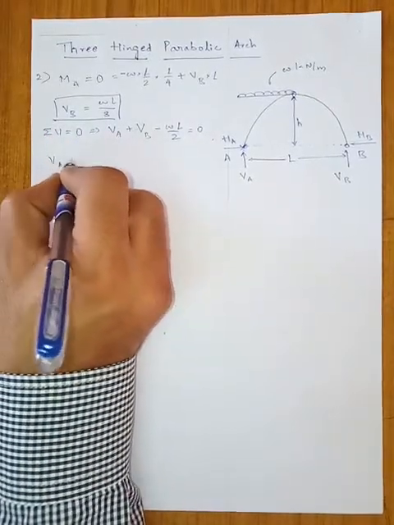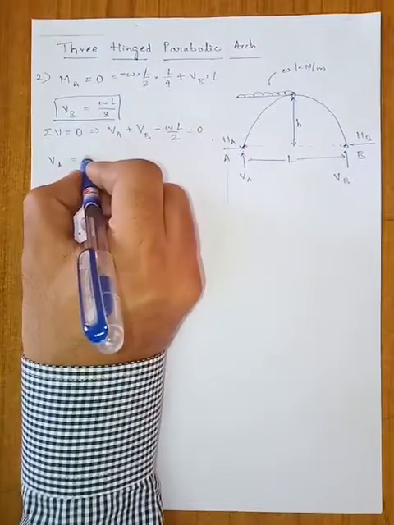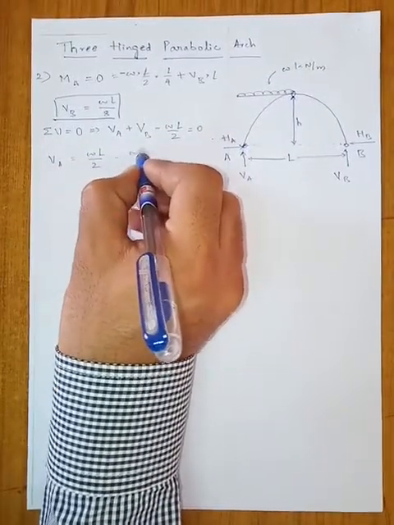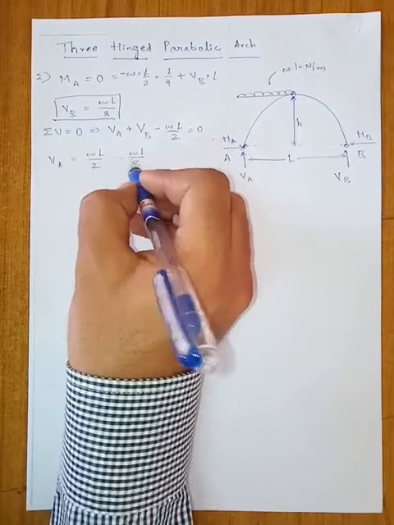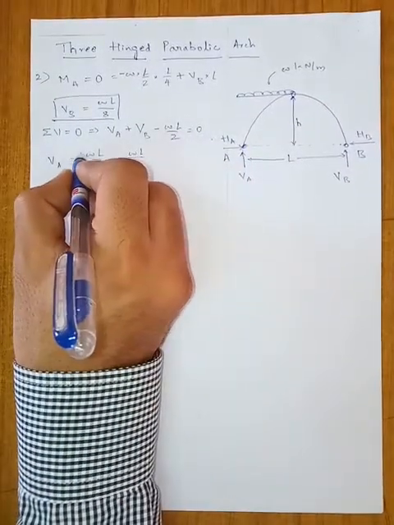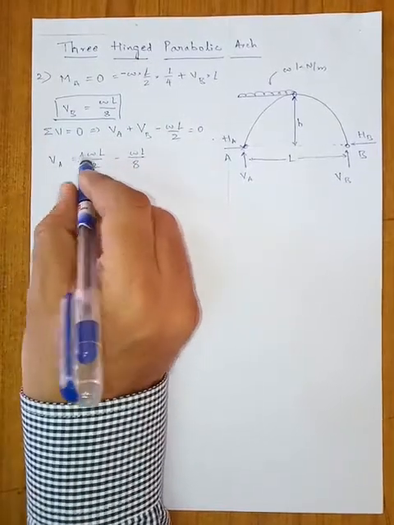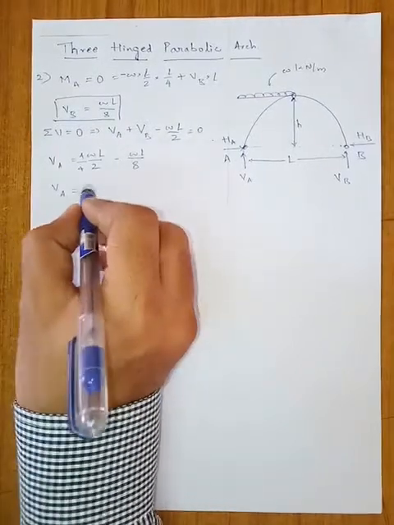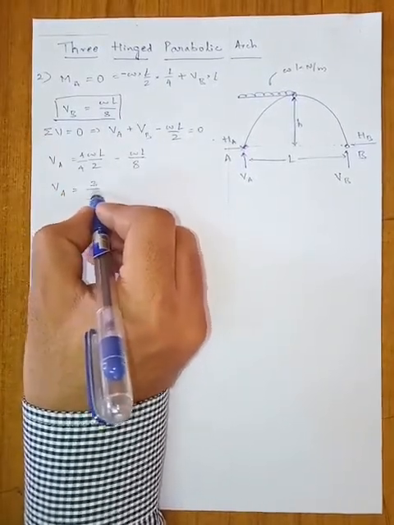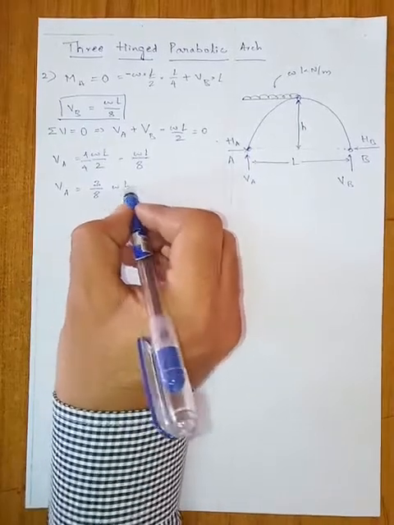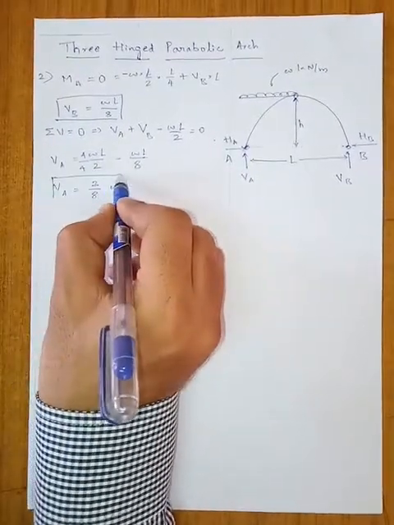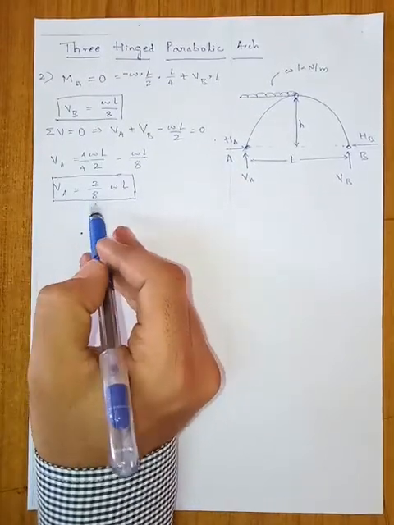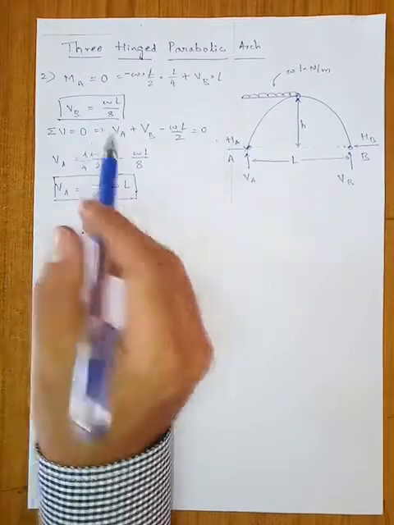So VA is equal to, moving these two terms to the right, negative becomes positive, WL by 2 minus WL by 8. Since the denominator is 8, we will multiply this with 4. 4 twos are 8, 4 minus 1 is 3, so VA is equal to 3 upon 8 WL. Got VB and VA, the vertical support reactions. VA is 3 by 8 WL, VB is WL by 8.